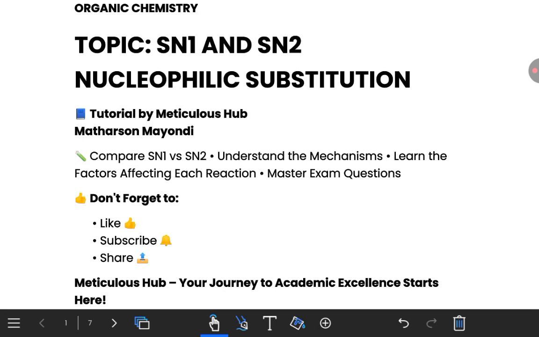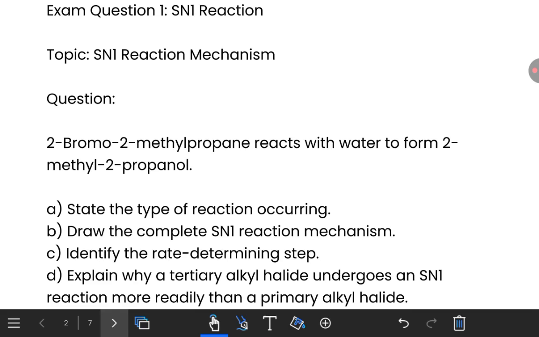Then we are going to compare SN1 and SN2. Then we will understand the mechanism for nucleophilic substitution first order and second order. Then we'll also look at the factors affecting each reaction, and then we'll deal with mastering and answering exam questions. So let's get into it.